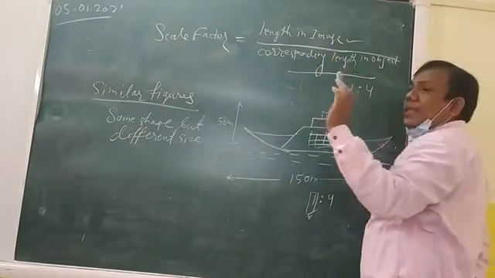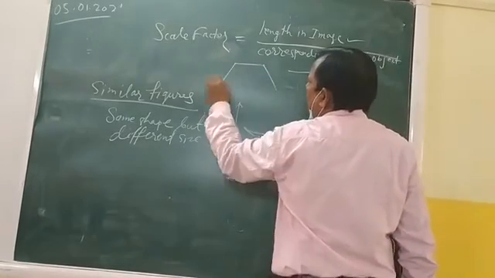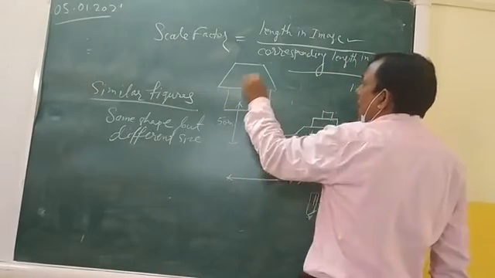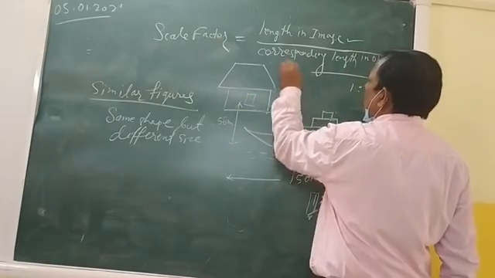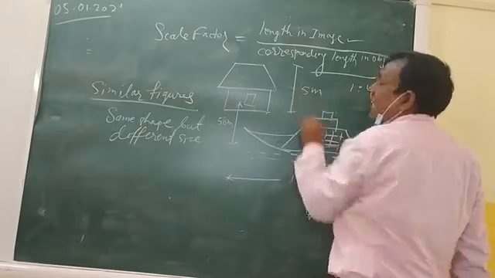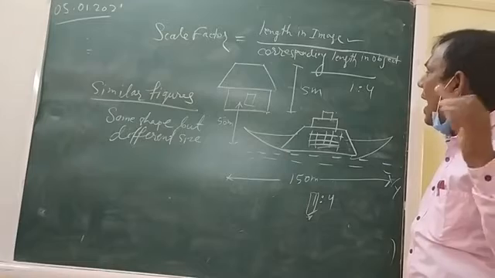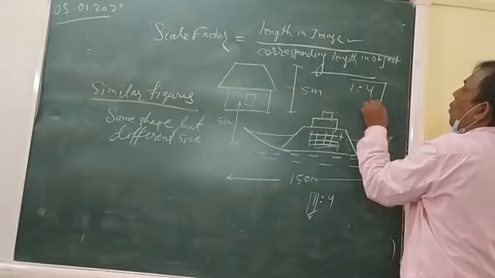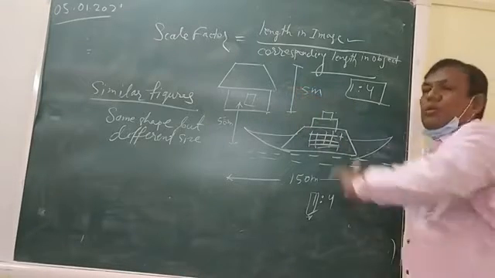Suppose a house is there. And the original height of the house is 5 meter, and the scale factor is 1:4. What will be the height of a model of the house?